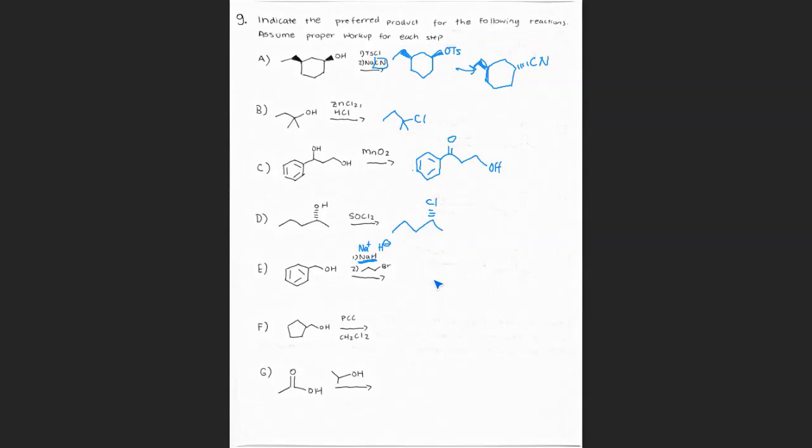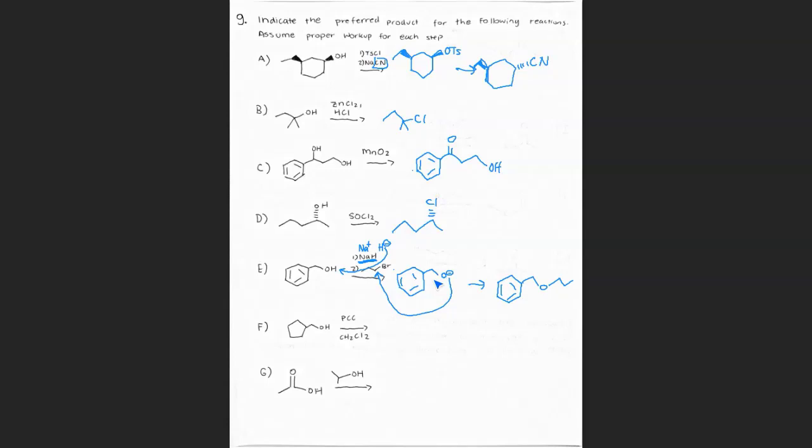So it's actually acting as a base, where this H will grab this H, making this alcohol into a nucleophile, where this alcohol will do an SN2 attack at this molecule with a bromine, leaving you with this molecule.